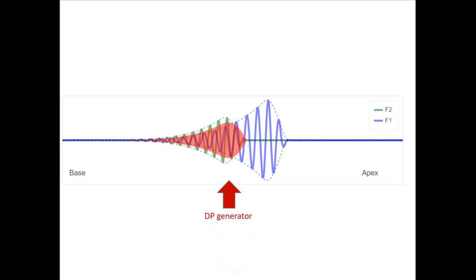Now there's one other thing to consider that we can explain with this diagram, which is that the distortion product is at a lower frequency than F1. Therefore, when it is generated, it will travel further up the cochlea to its specific place, because that'll be further towards the apex.